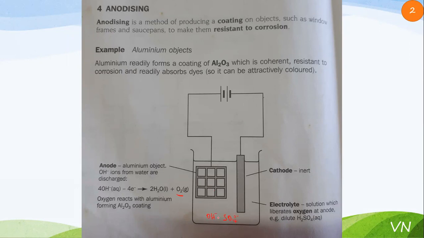Because the OH minus ions are lower in the electrochemical series, they're going to be preferentially discharged at the anode. The OH minus ions are going to produce water and oxygen gas. The oxygen gas is going to react with the aluminum to form an aluminum oxide coating, which is what this process of anodizing is all about.